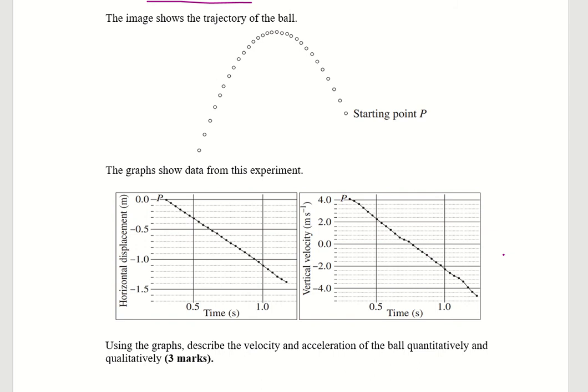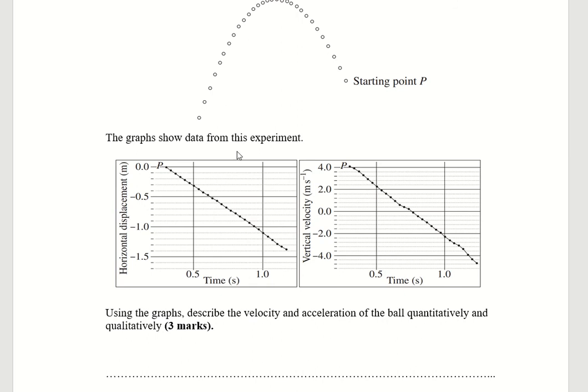Right, the image shows the trajectory of the ball. It goes like that, and we have the starting position, it drops down like that. And we have two graphs derived from that trajectory.